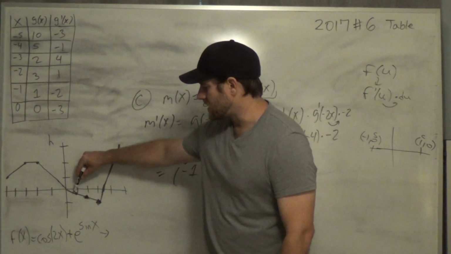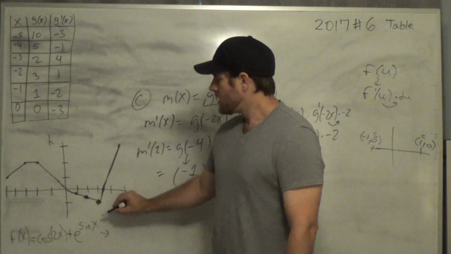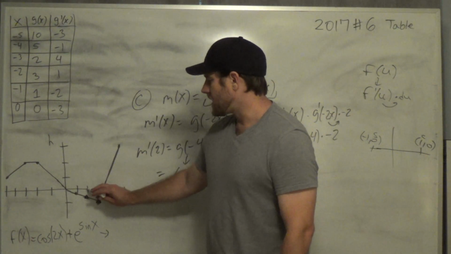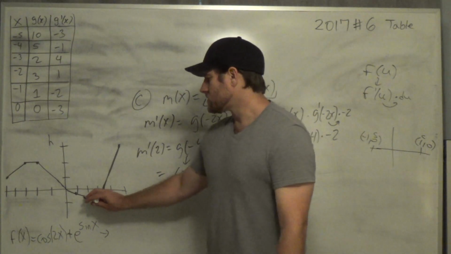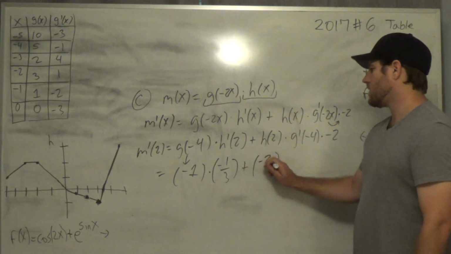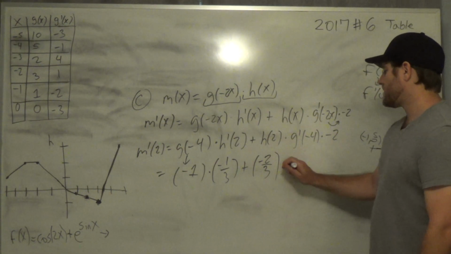You see each time it goes down a third, a third, a third, so that by the time it gets here it's down by 1. So at 1 it would have been at negative 1/3, at 2 it's at negative 2/3, and then at 3 it's at negative 3/3, which is of course negative 1. So this is down negative 2/3. So h of 2 is the actual ordered pair, which is that.